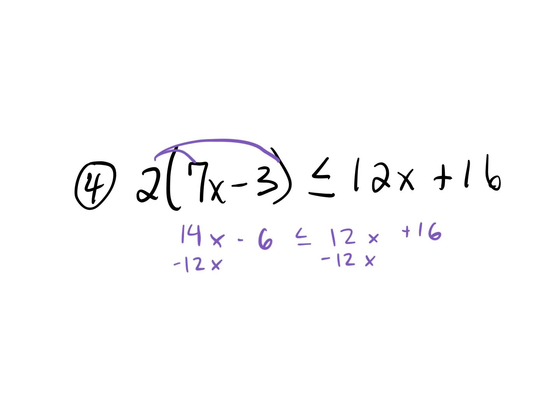So I always like it when x comes first, because that way we can just draw in the direction of our arrow. So I'm going to move the 12x to the left. And that means I'm going to move my constants to the right. So I'm going to add 6 and move it to the right. So 14x minus 12x would be 2x is less than or equal to 16 plus 6 would be 22.